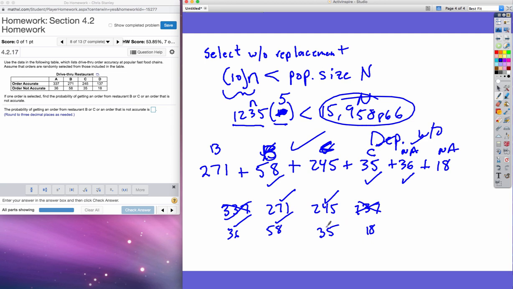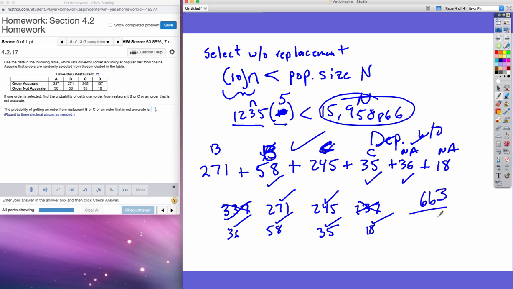Has to be one or more of the things that I said. 35 is C and not accurate. 18, yeah, that's not accurate. So I just add these up and then divide it by the total. So that would be 271. So I got a total of 663.